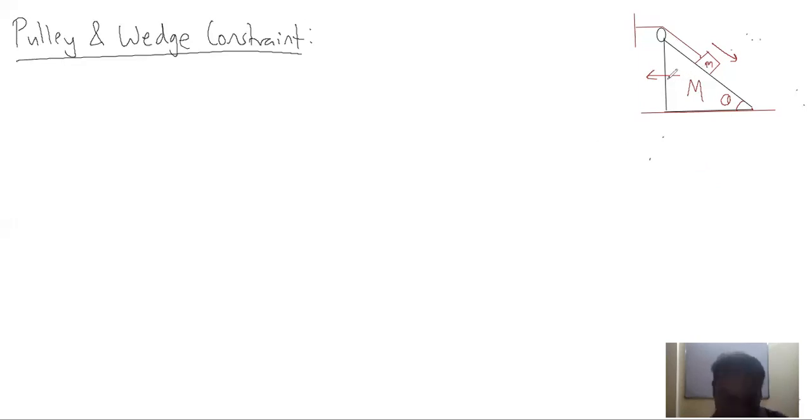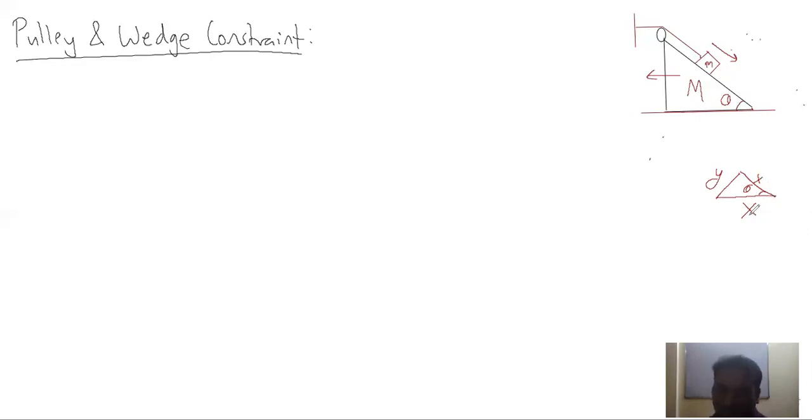The block of mass small m covers some distance y, let us say, and it also leads to motion of the wedge in backward direction, which we showed as capital X. And we also have small x, which is the displacement of the block along the incline. So these are the relations, and this is angle theta here. As in the previous case, this triangle will still be there.